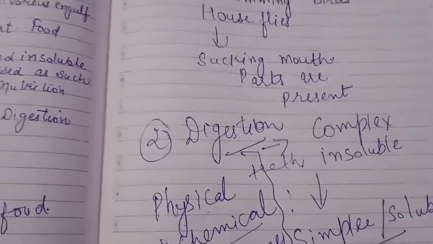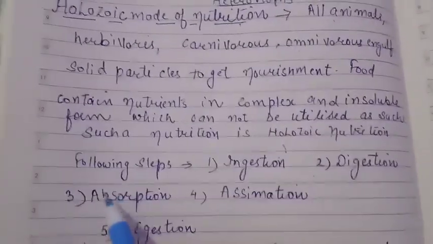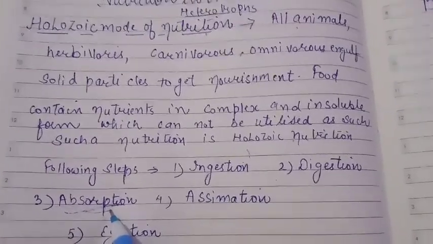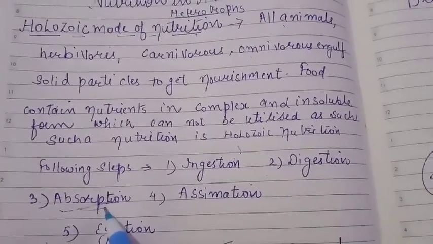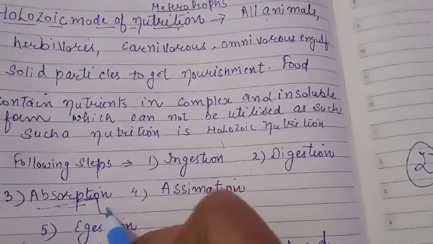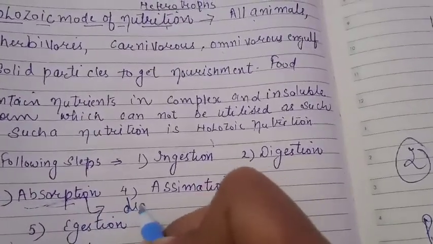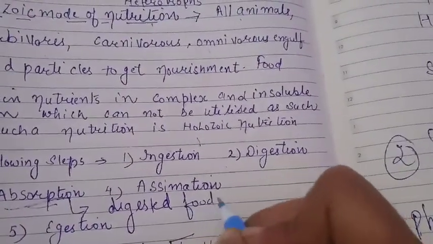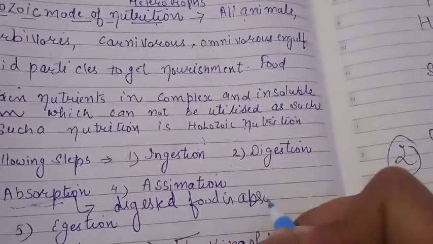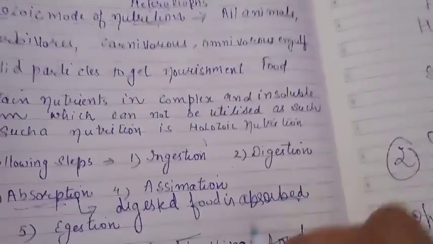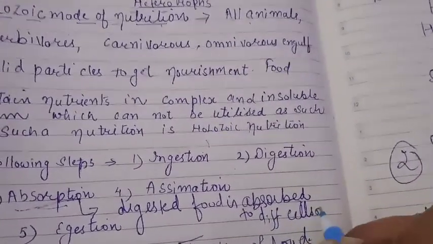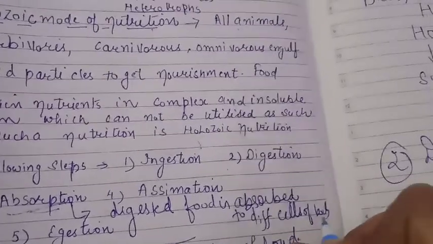Now after digestion, the next process is absorption. What is the meaning of absorption? Digested food is absorbed by different cells of the body.